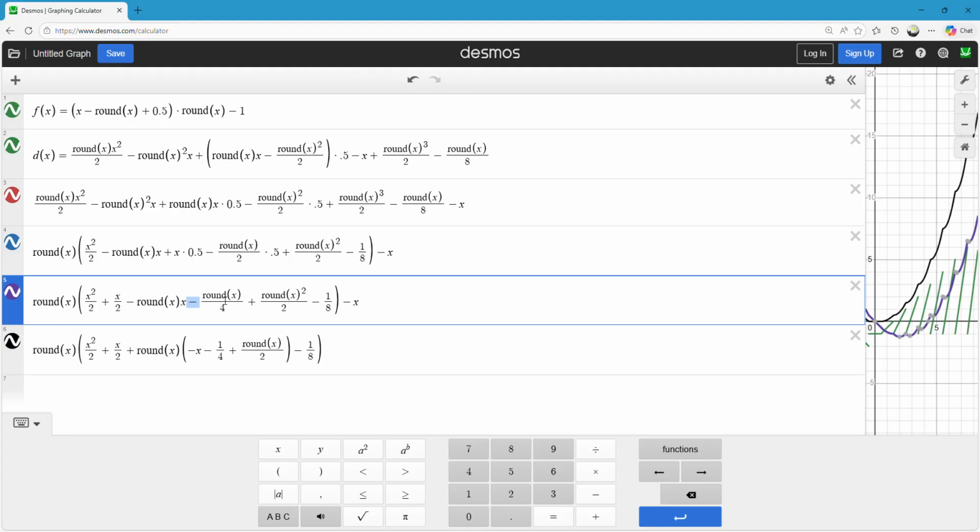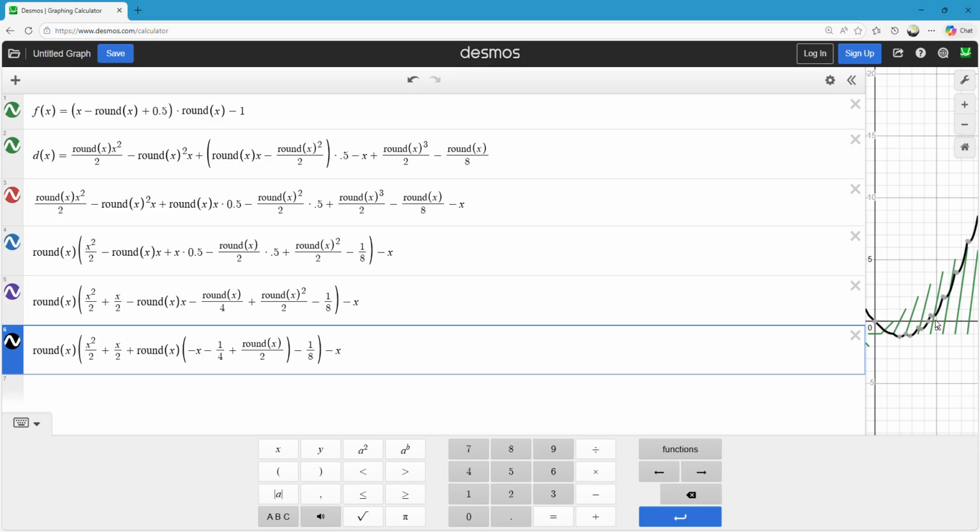I have x minus right around in there, so that just becomes 1/4 plus that. Oh, there's my answer.